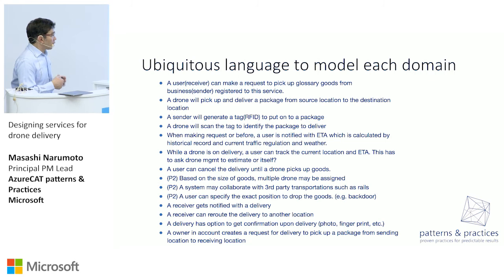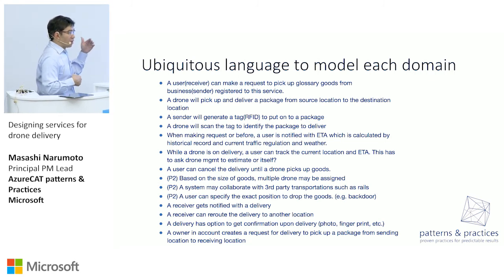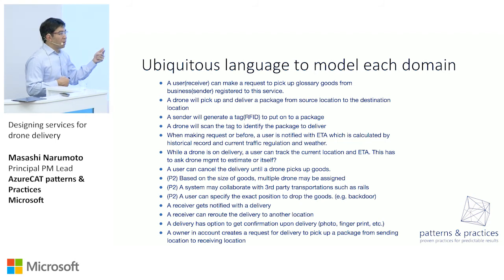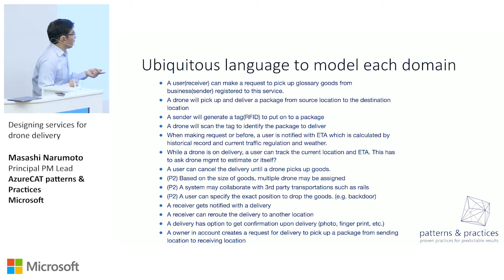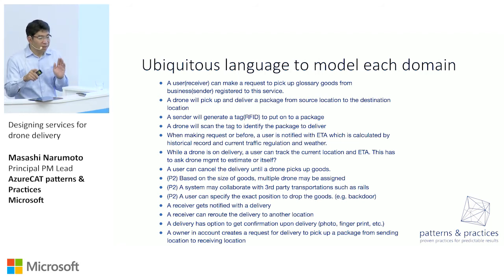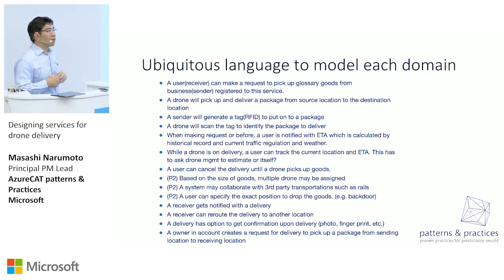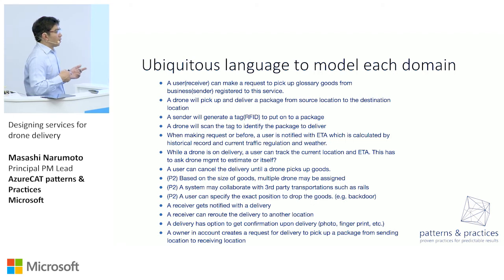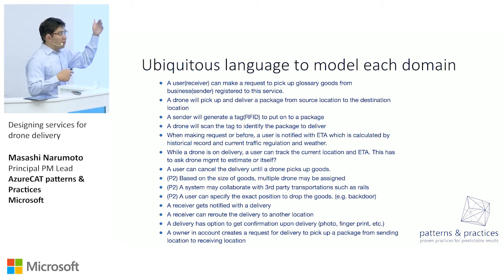You can start with the idea of finding nouns as candidates for entities, and then verbs as the behaviors of those entities. It's not that mechanical, but you can start with that idea, then repeat the refinement. That's what we did: finding nouns and verbs, entities and behaviors.